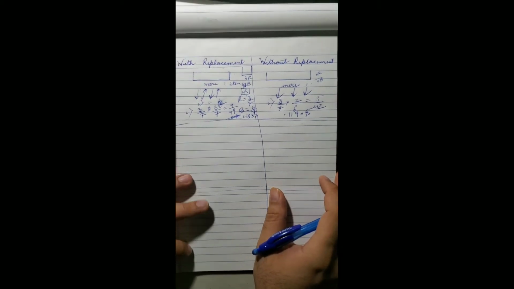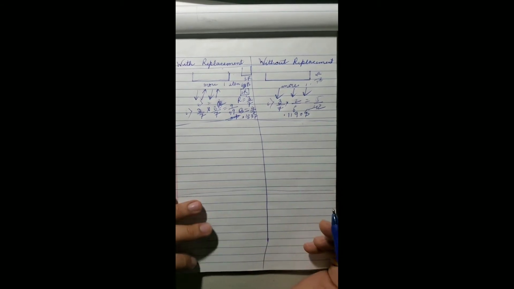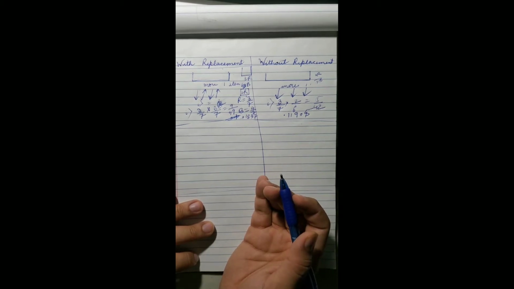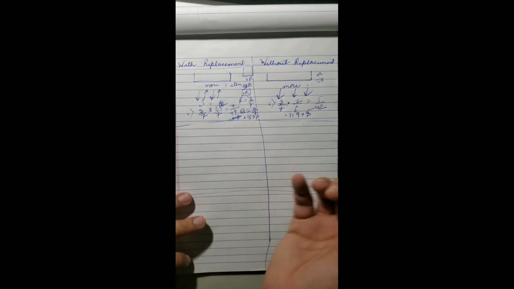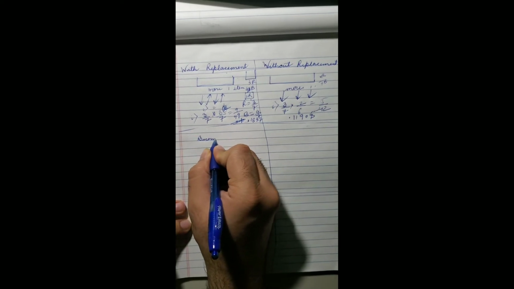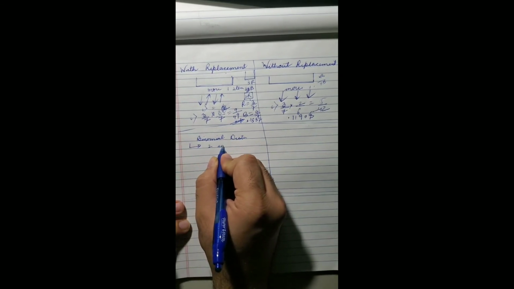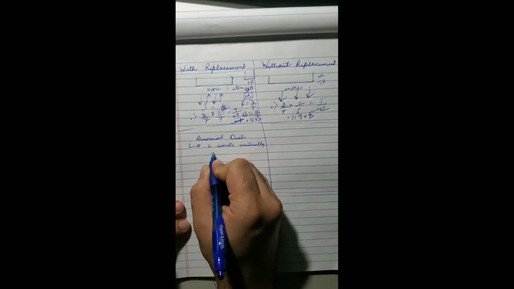Now coming on to people getting confused about where to use binomial distribution and where to use basic probability. Actually, there is no scenario which you can calculate using binomial distribution, but you cannot calculate using probability. So if you remember, in binomial distribution, the only condition was that two events are mutually independent.